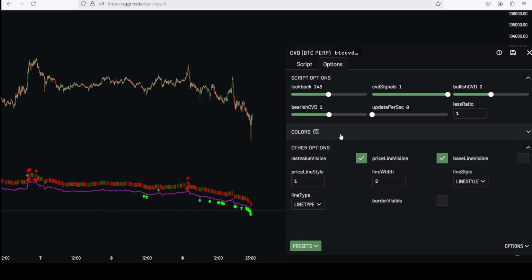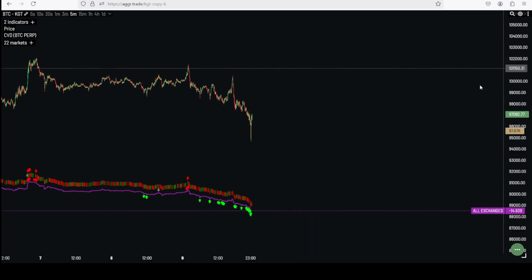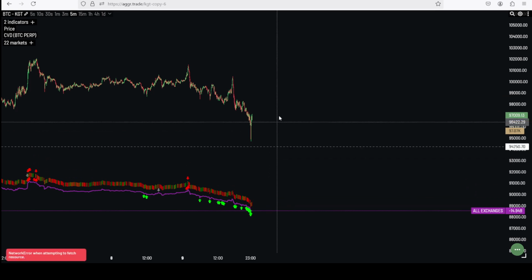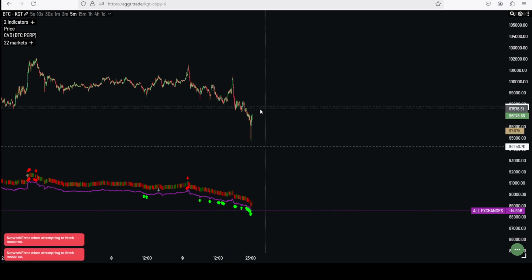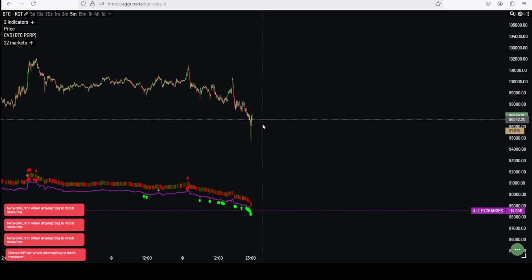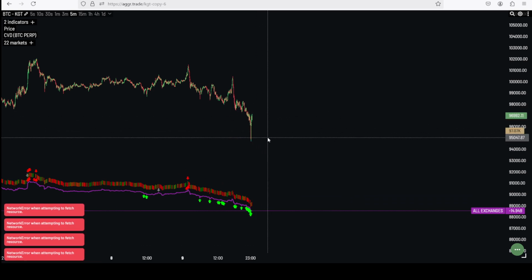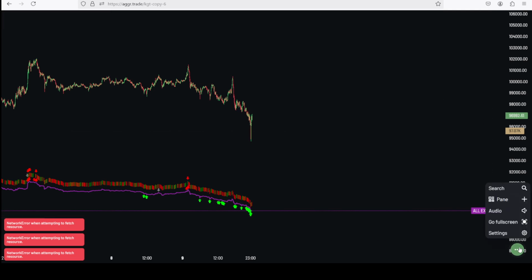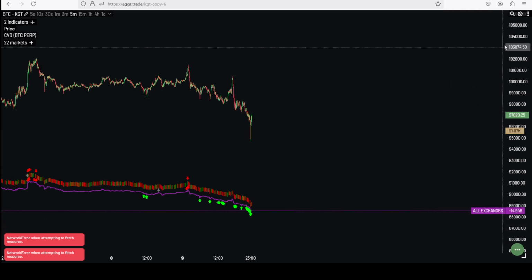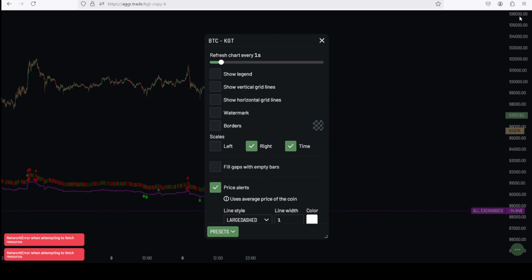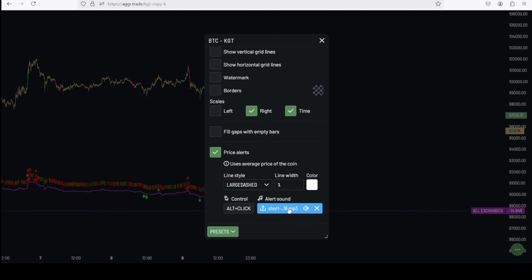Now, everything else here is not really useful. I would like to show you also that by pressing Alt and clicking on any price, you can have an alarm for the price once it reaches it. And by clicking on it, you just remove or cancel it. But make sure in the settings, not here, actually in the settings at the top, you have an alert sound.